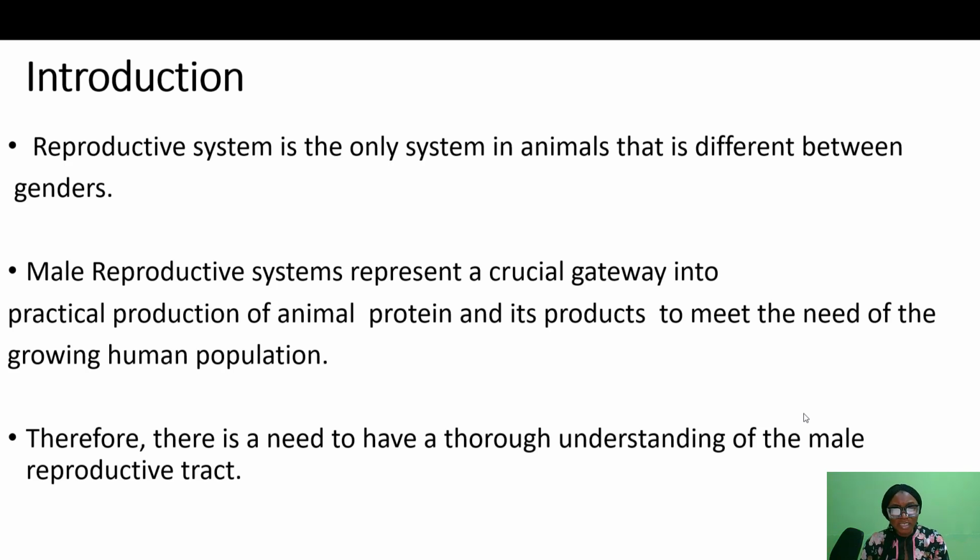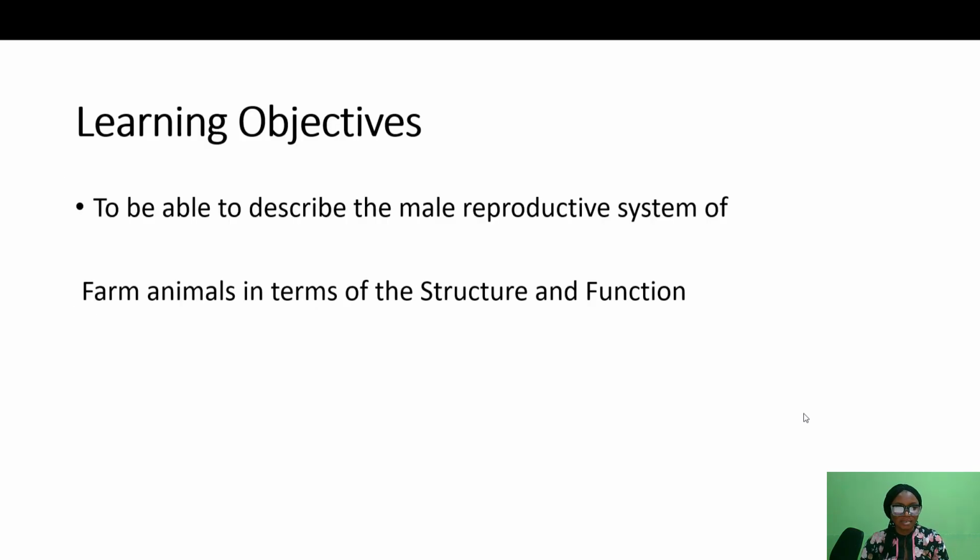So, the male reproductive system represents a crucial gateway into practical production of animal protein and its products to meet the growing number of human population in the world. Therefore, there is a need to have a thorough understanding of the male reproductive tract.